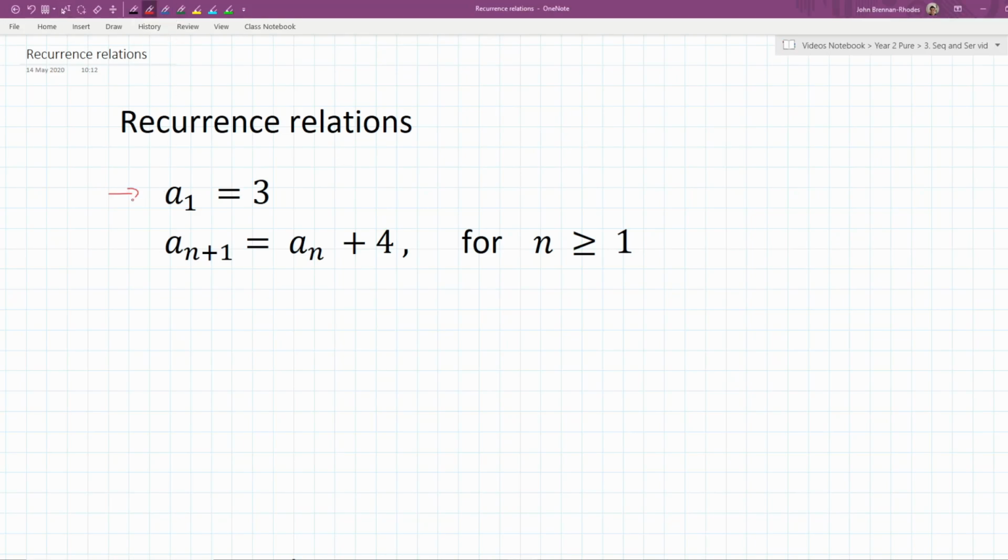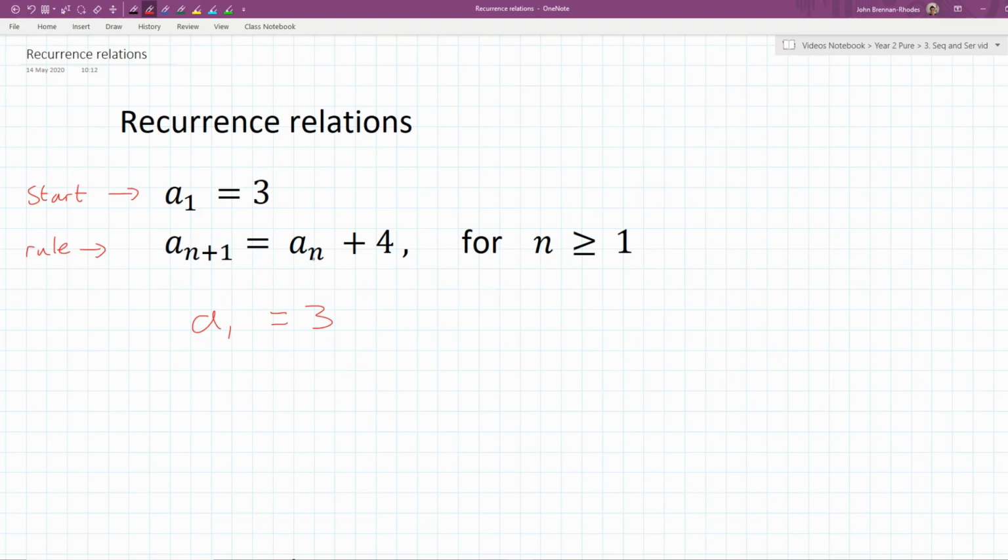So this is the start, and this is the rule. Now the start just says that A1 is 3. It just says that the first term is 3. So we can write that down. The rule says, and we need to interpret this, that if you had the nth term, which was an, and you add 4, then we get an plus 1, which is the next term.